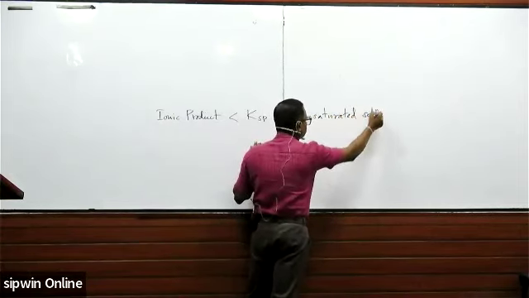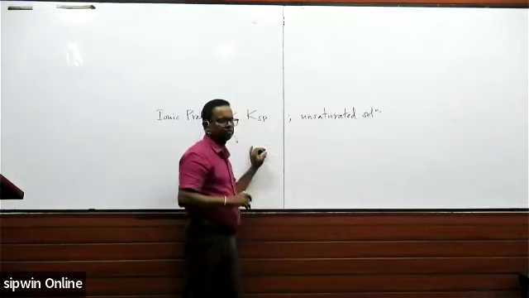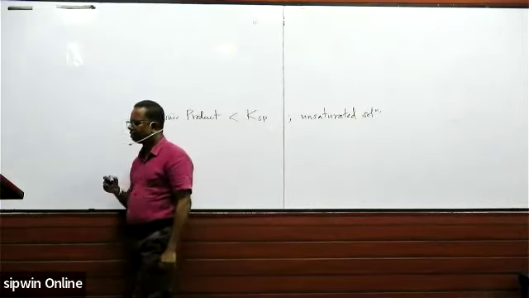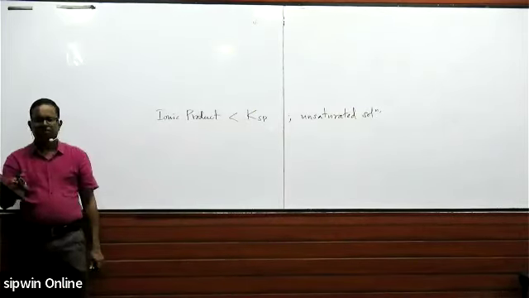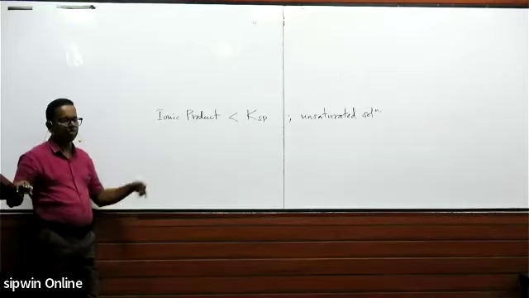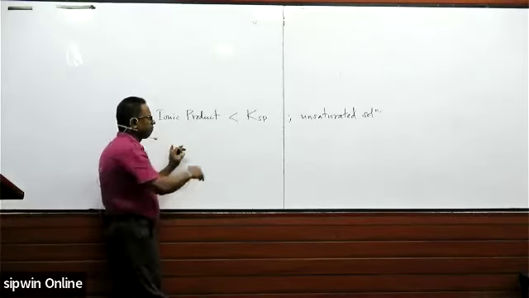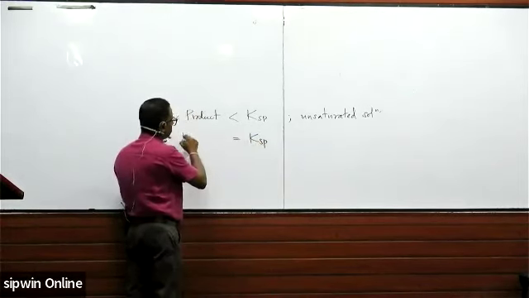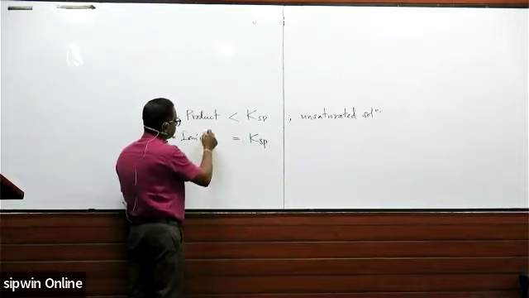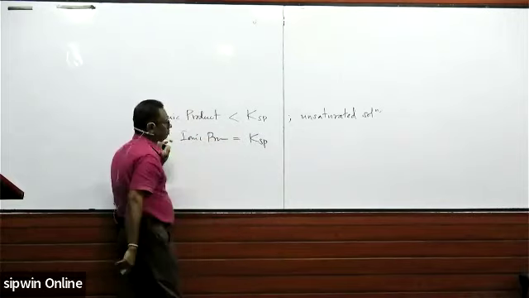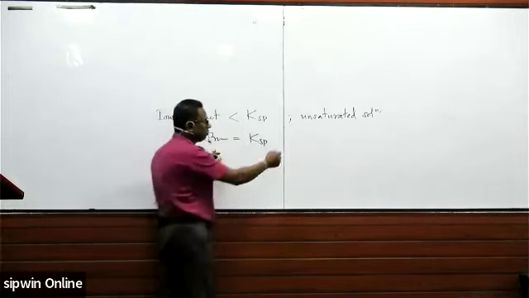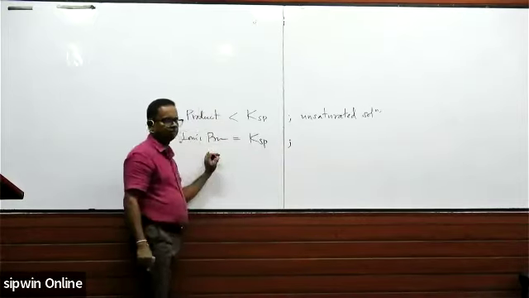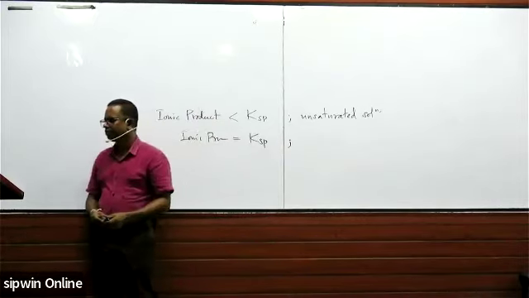Next line. Ionic product equal to Ksp: saturated solution.